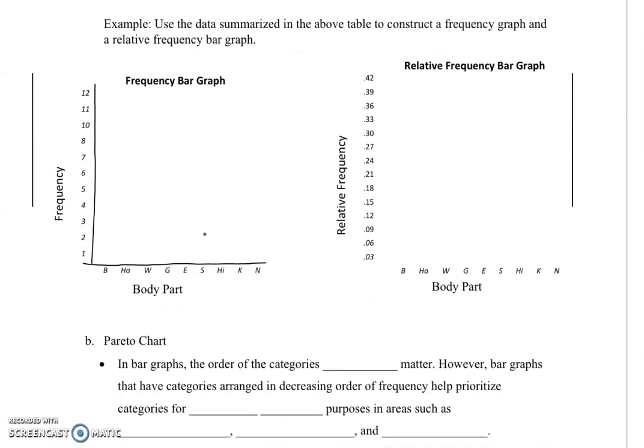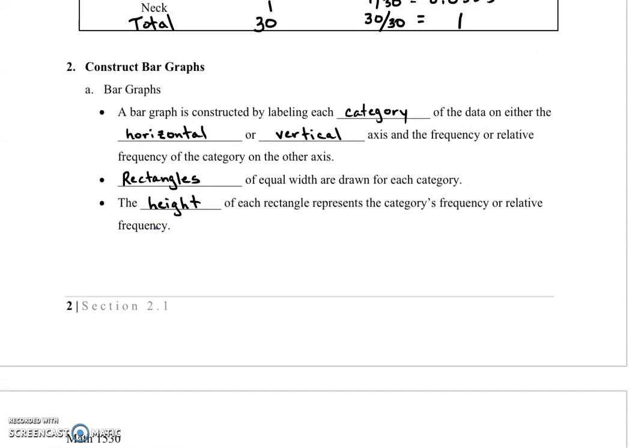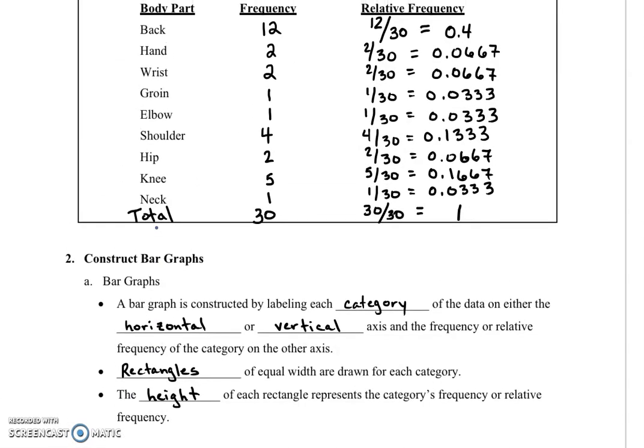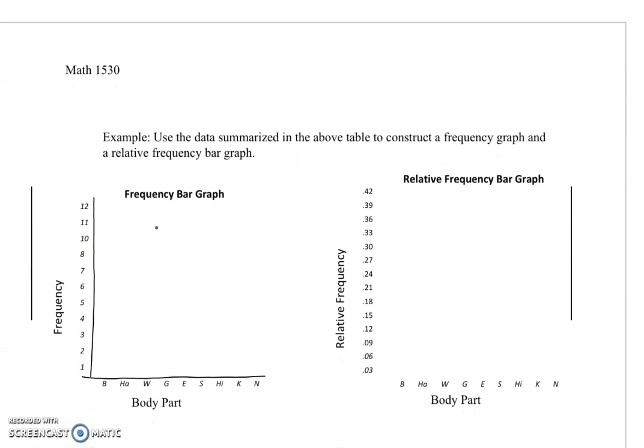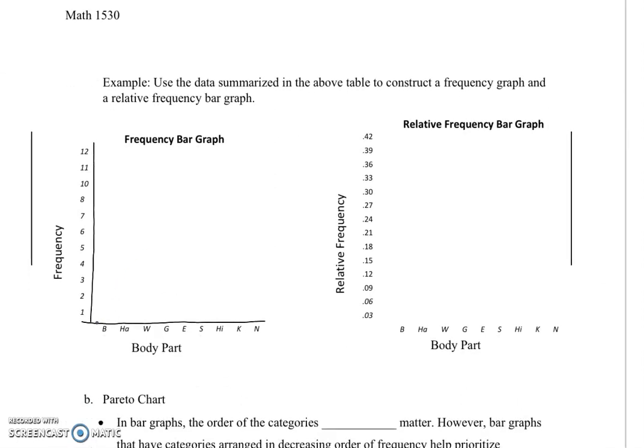So if we go back up to the table, we see that the frequency of back was 12. So over the B bar, we're going to make a bar that goes up to 12 and comes back down.